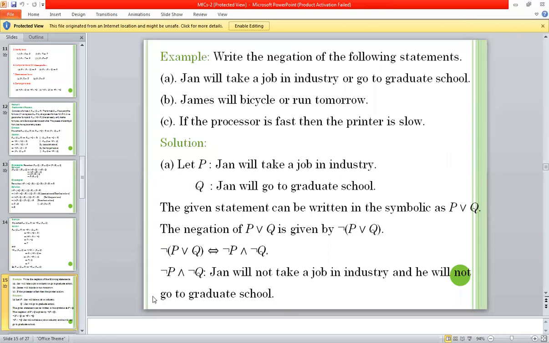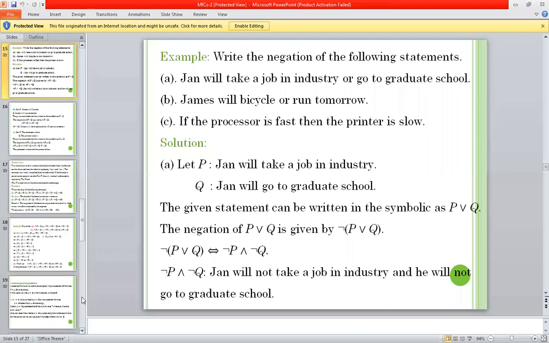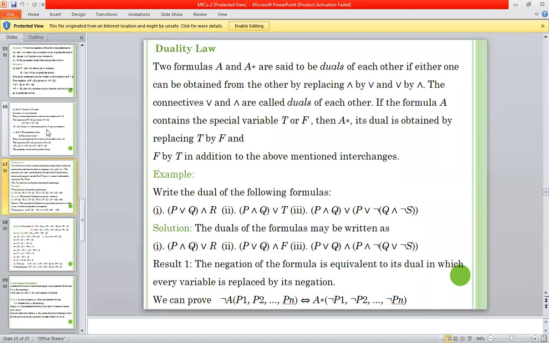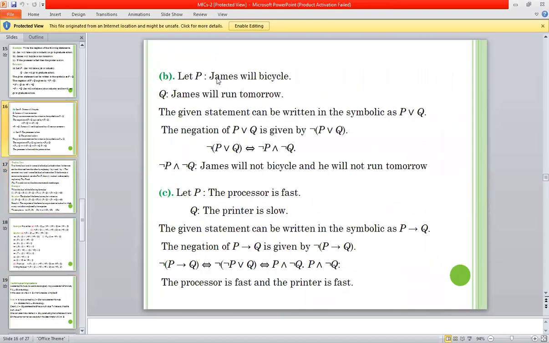Okay. So the second statement is: James will buy bicycle or run tomorrow. In this statement, the propositions are: James will buy bicycle, and second proposition, James will run tomorrow.